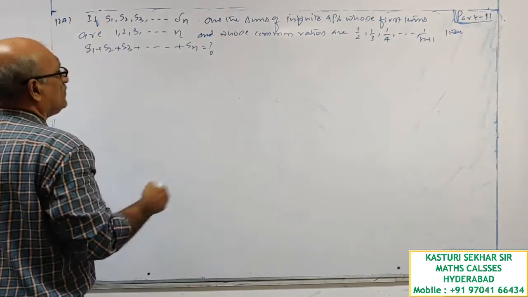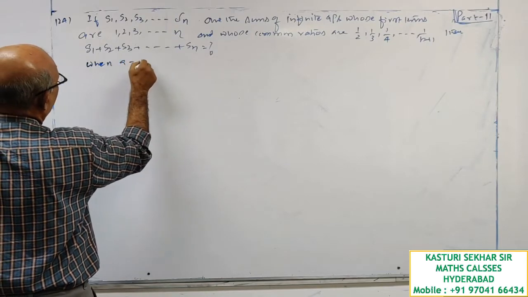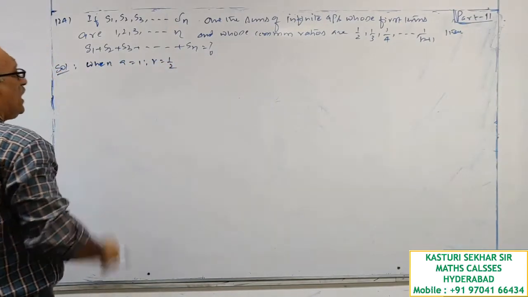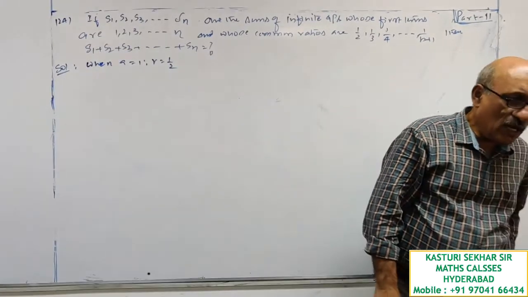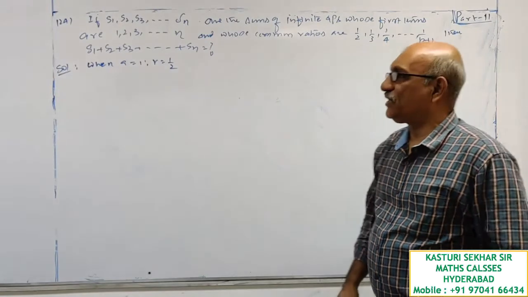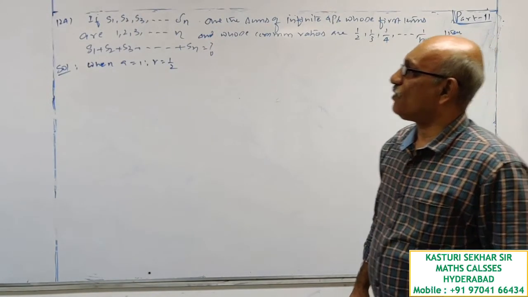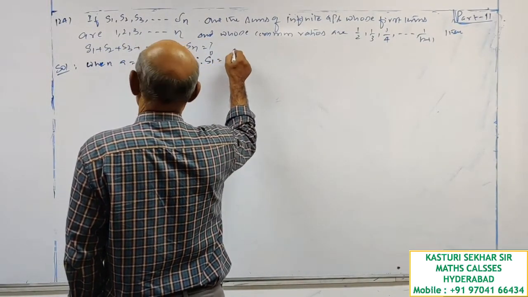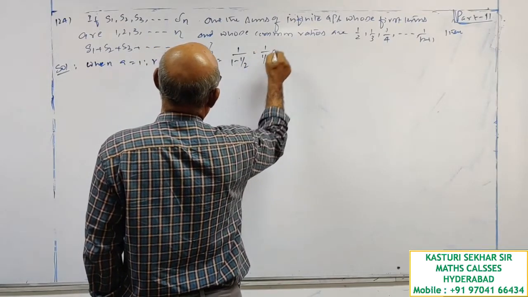Now look at this, sir. When a is equal to 1, r is equal to 1 by 2, you will get an infinite geometric series, and if I calculate its sum, it is denoted by S1. Therefore, S1 is equal to first term divided by 1 minus common ratio.